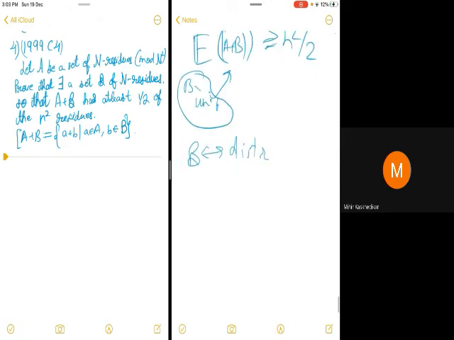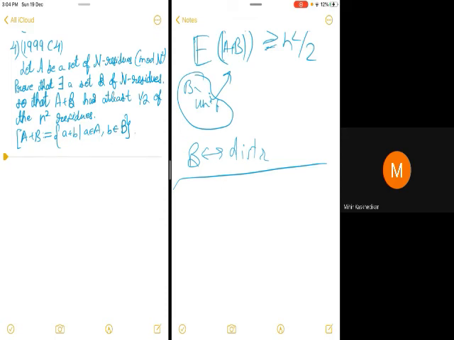So is this idea clear, that if we choose B uniformly and the expected number of elements in A plus B turns out to be at least n squared by 2, then we will be done?